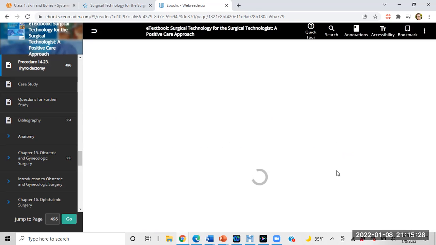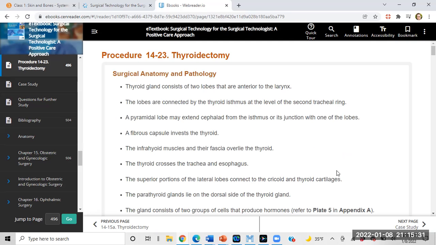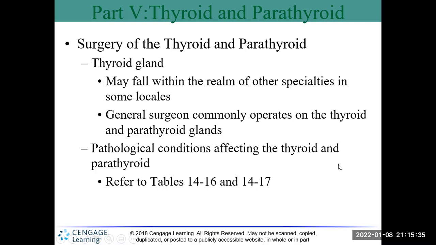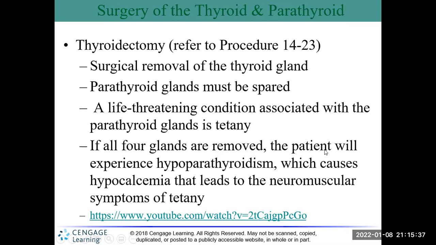Here is that procedure. And I do have one, here's the thyroidectomy. So those parathyroid glands must be spared because if they're removed, we have no calcium control, and tetany is the life-threatening condition there.